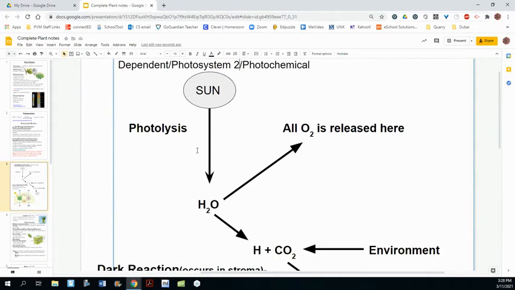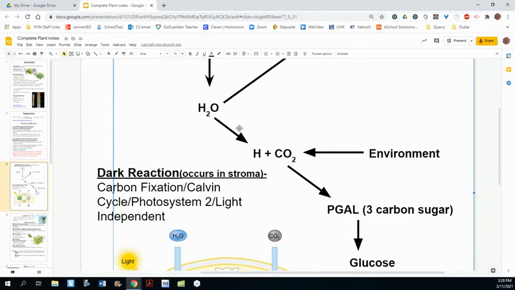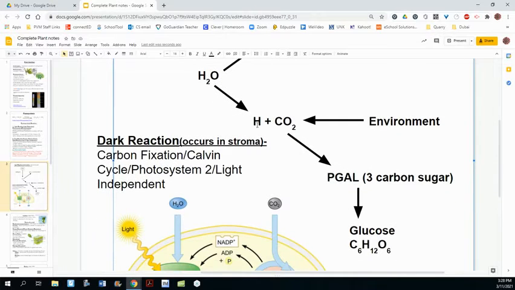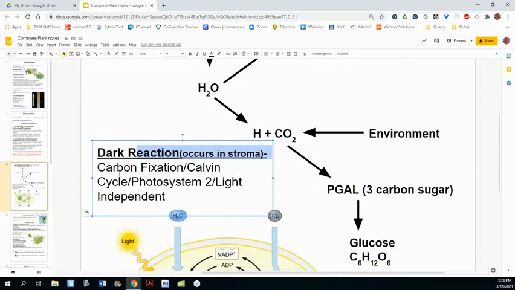There's an enzyme that allows for the wavelengths of energy to split water. The oxygen is released, and it's going to be eliminated by the plant. But the hydrogens are utilized in a series of reactions that will fix those carbons together.